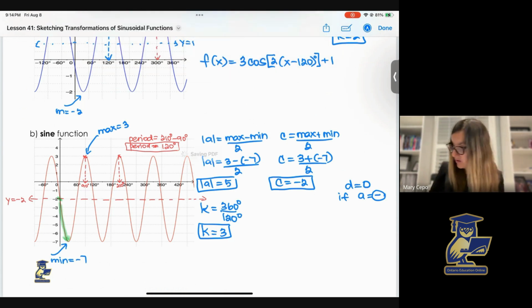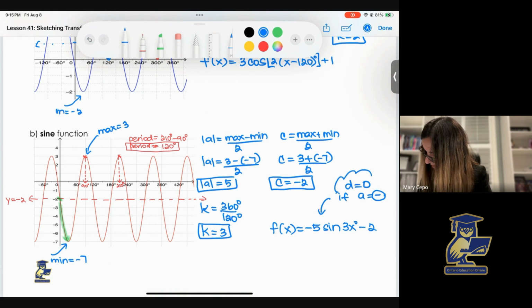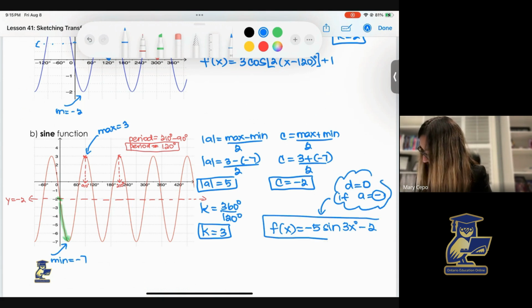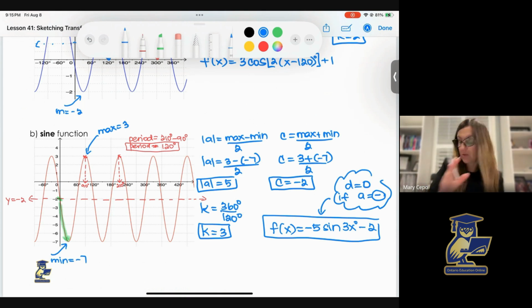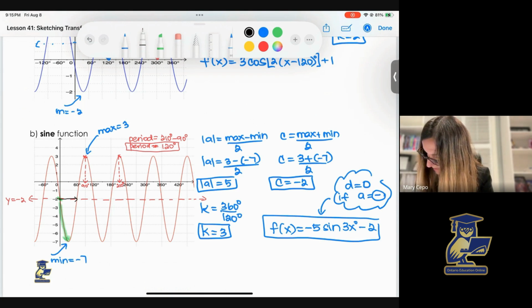If, however, you wanted a horizontal translation, in this case we can say f of x is equal to negative 5 sine 3x, minus 2. D would be how far it has moved from the y-axis to the equation of axes. If we see here, the d value would be at this point.